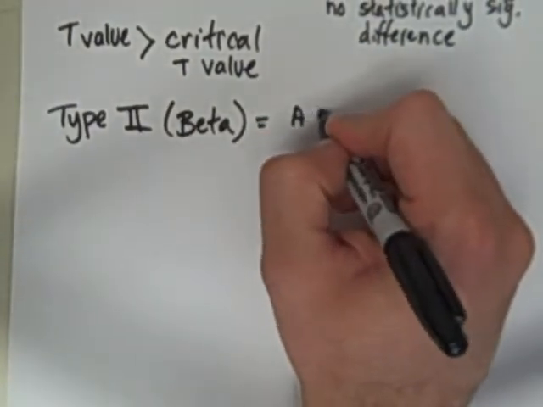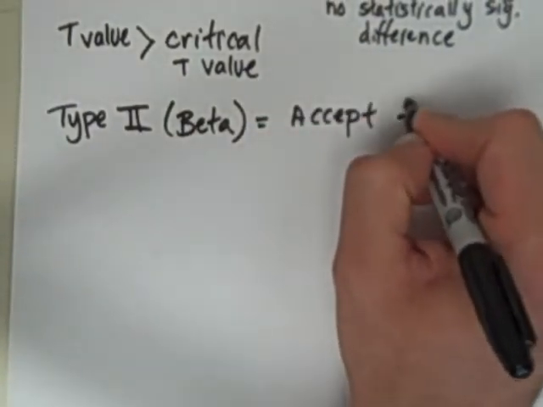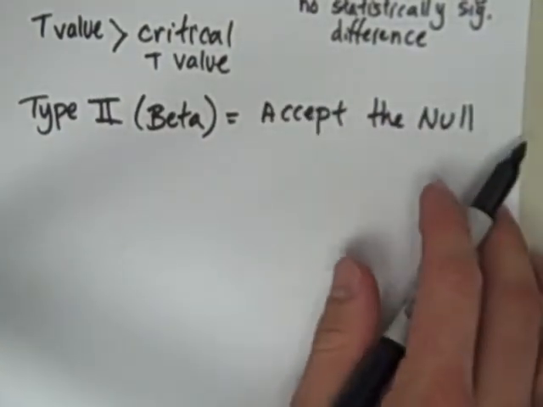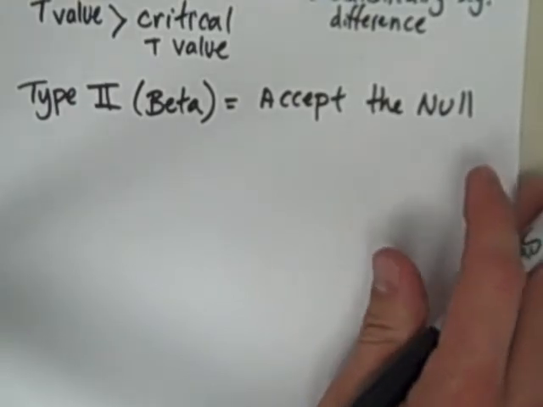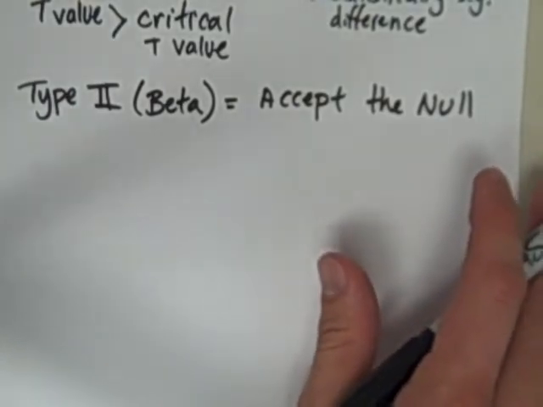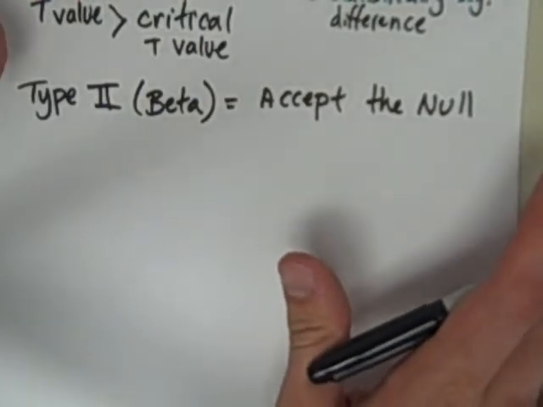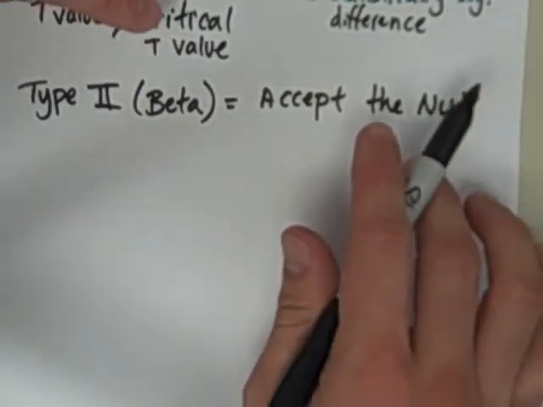This is a situation where I accept the null. So I'm saying, by accepting the null, there is no statistically significant difference, or the differences that I'm seeing between these two different sets of numbers are just random chance. That's what it means to accept the null.